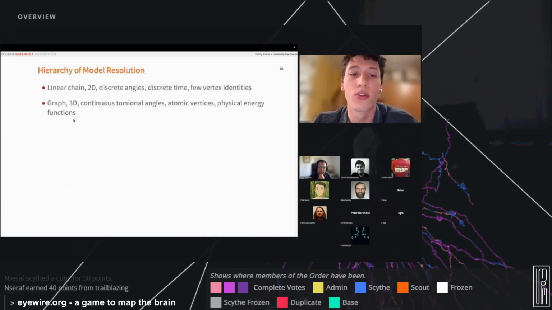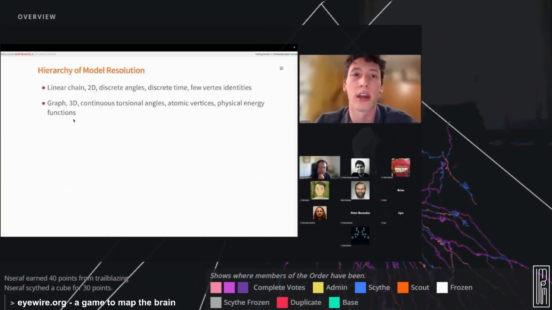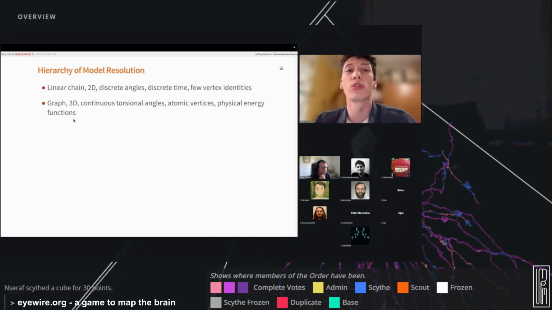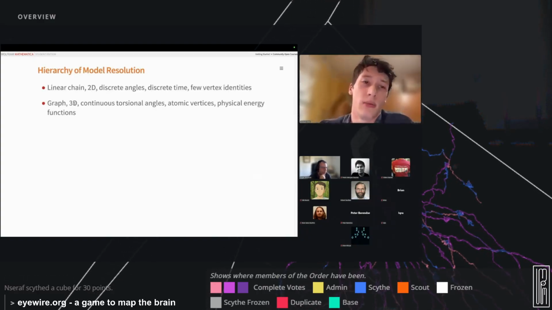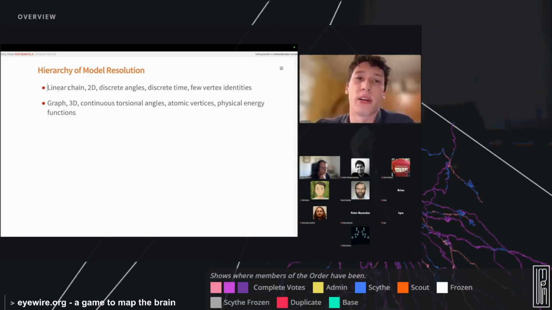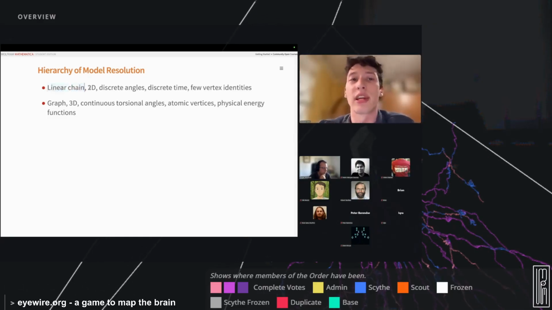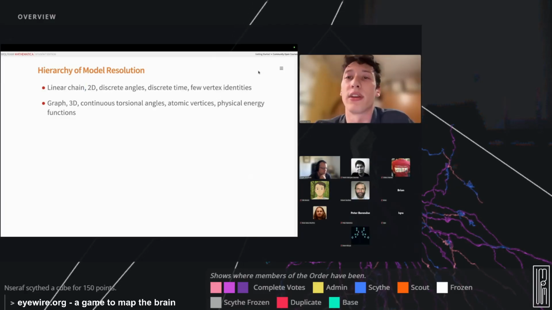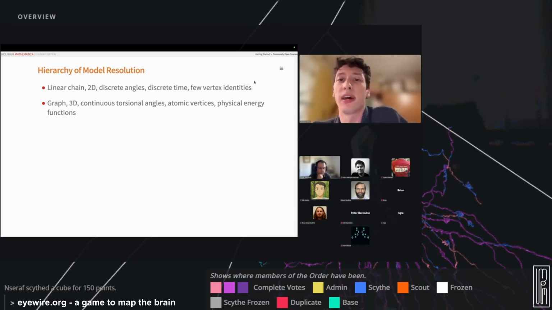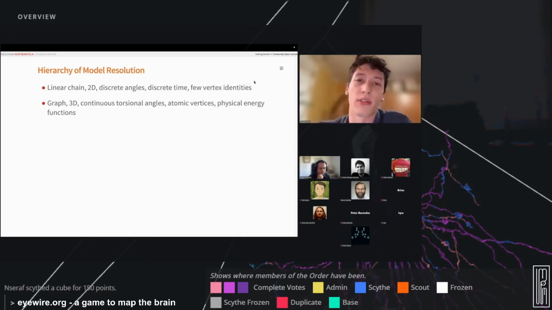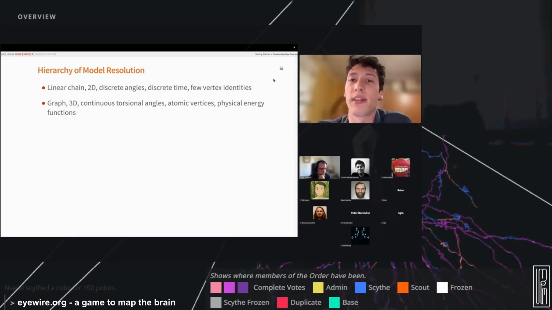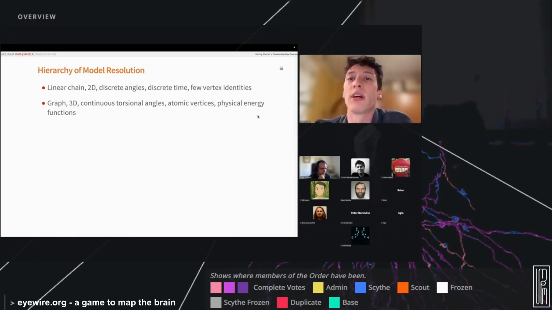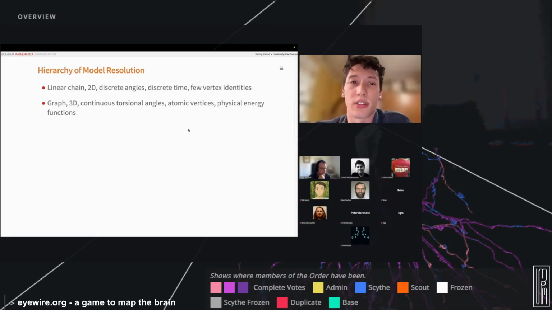And then taking a short look at the hierarchy of the model resolution. So right now we are representing these polymers as linear chains. Right now they live in 2D. We have discrete angles and of course discrete time, right? We have not really defined time in a sense, but there are discrete steps to get from one structure to the next. And then also, of course, we have very few vertex identities, right?